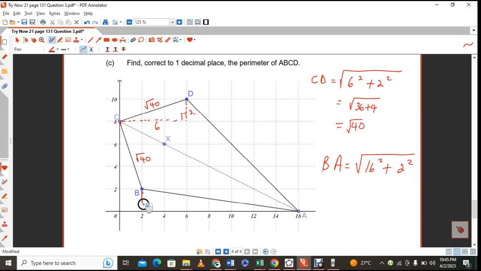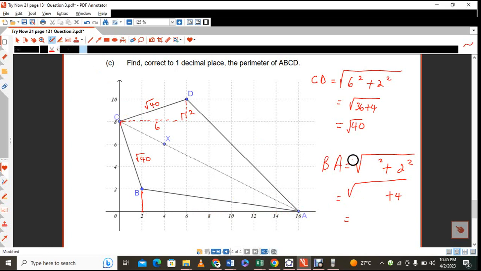If you were to talk about this right angle triangle, that's 256 plus 4, and that gives you... my goodness, let's just correct it. It is not 16 though, because the distance from there is 2, 4, 6, 8, 10, 12, 14. So that would be 14 squared, which is 196. So this distance would be the square root of 200 over there, and this would also be the square root of 200. So the perimeter means you just have to add all of that together.